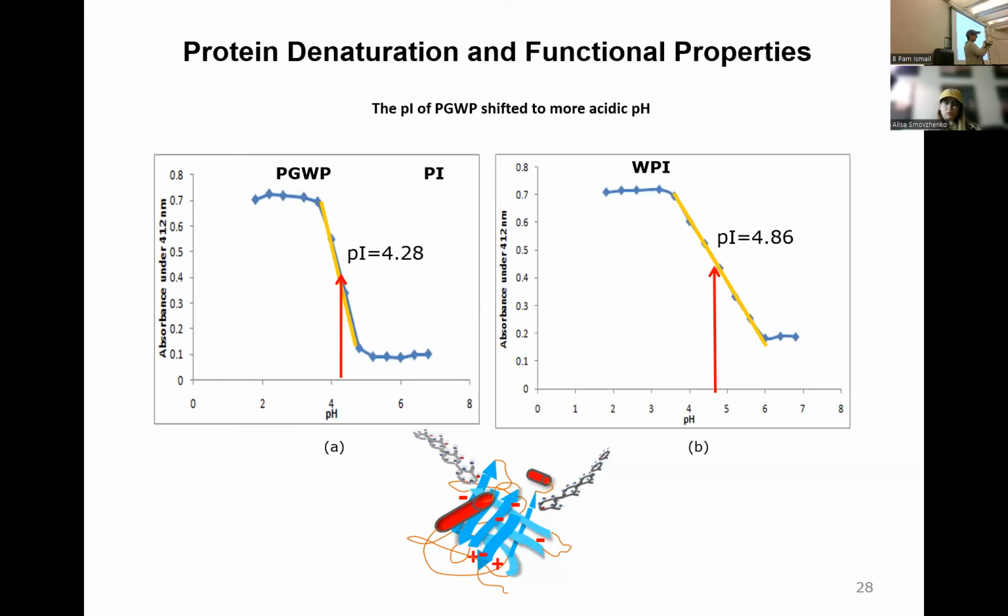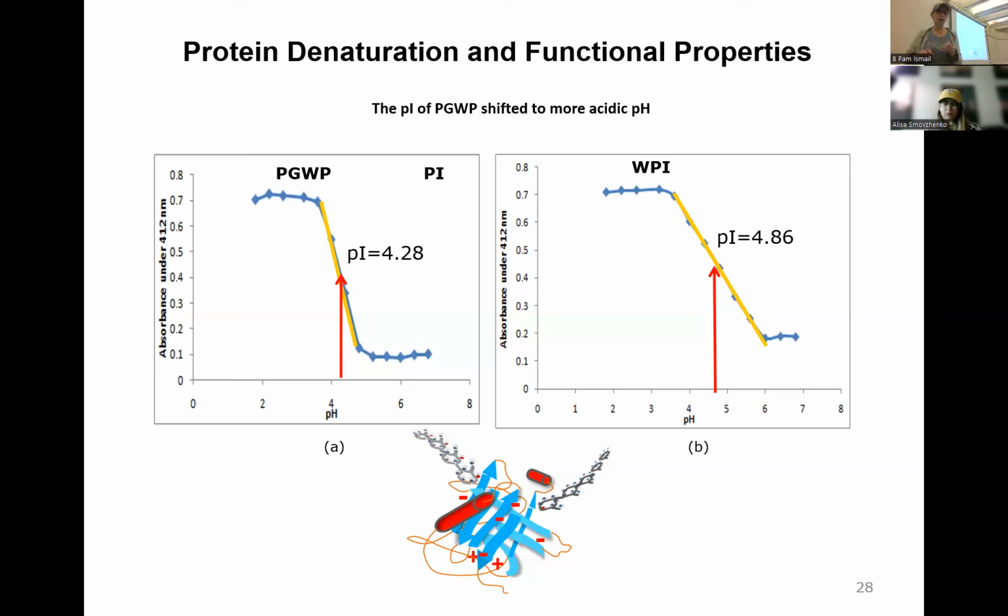So you're blocking a potential positive charge, which causes an increase in the net negative charge. So that caused a reduction in the isoelectric point. So the protein will be more negatively charged at 4.5, 4.6 than the non-glycated protein.